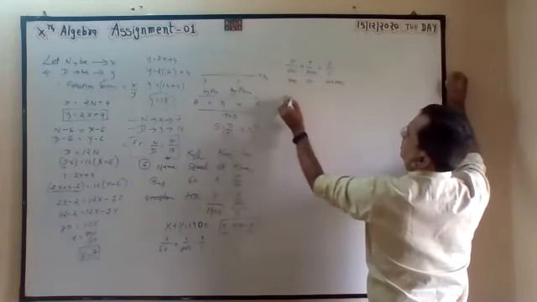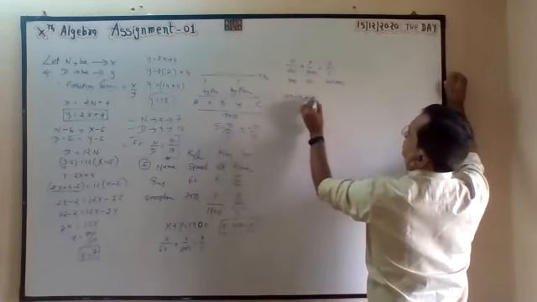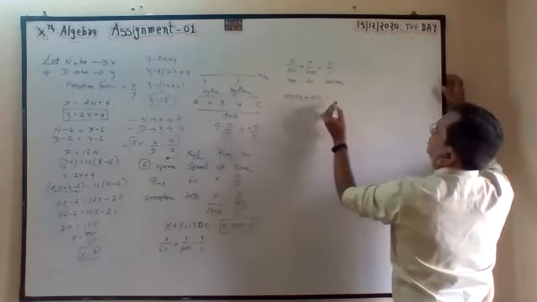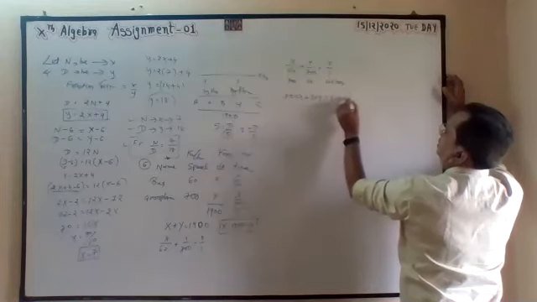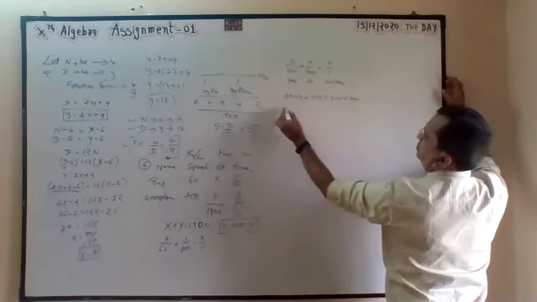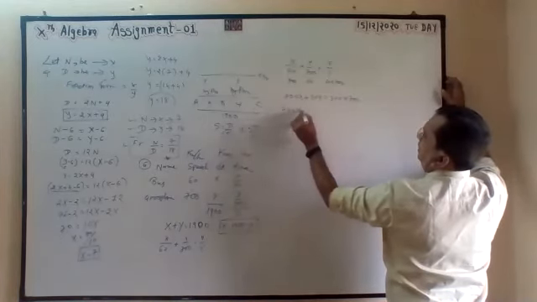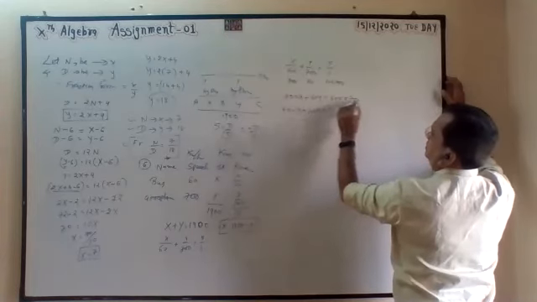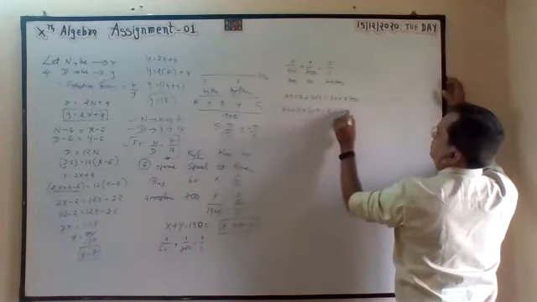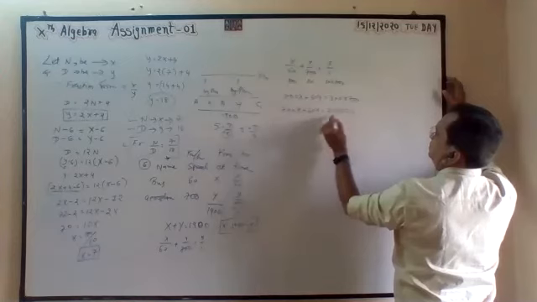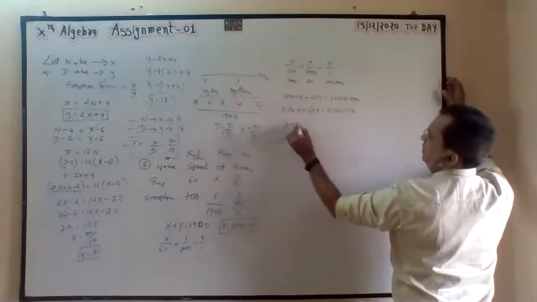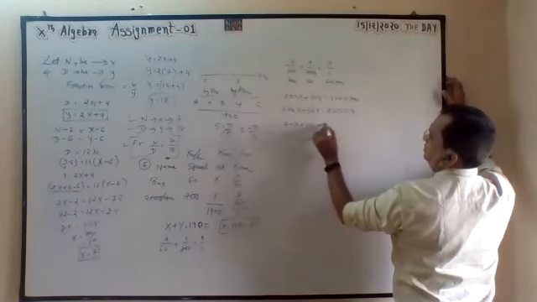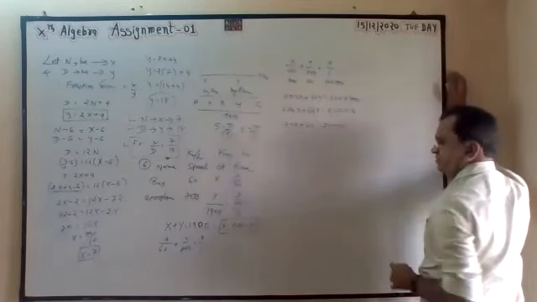So 700x plus 60y is equal to 5 times 4200, that is 21000. Now 10 and 10 cut. So 70x plus 6y is equal to 2100.